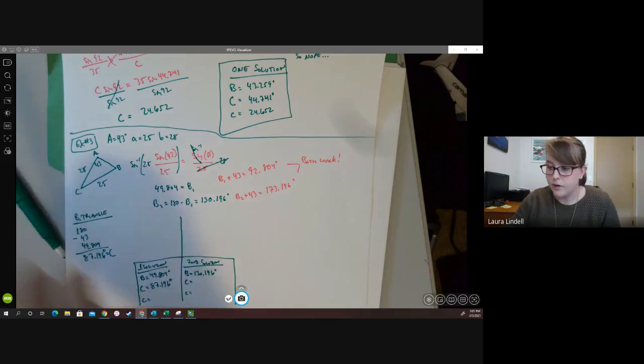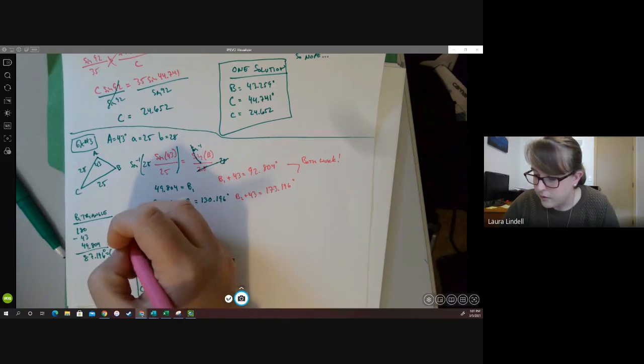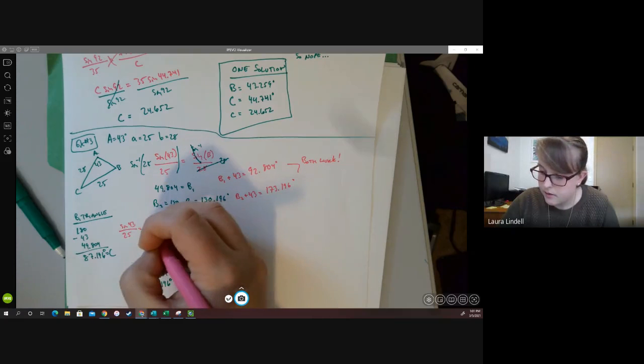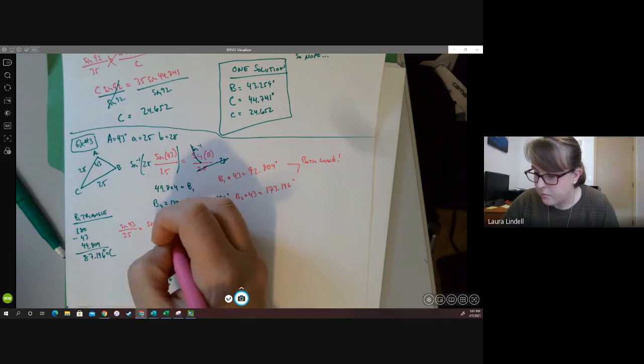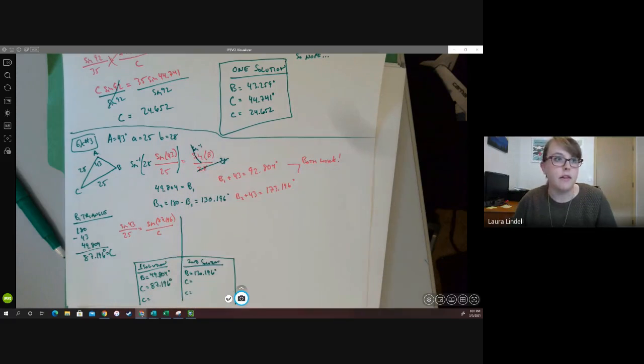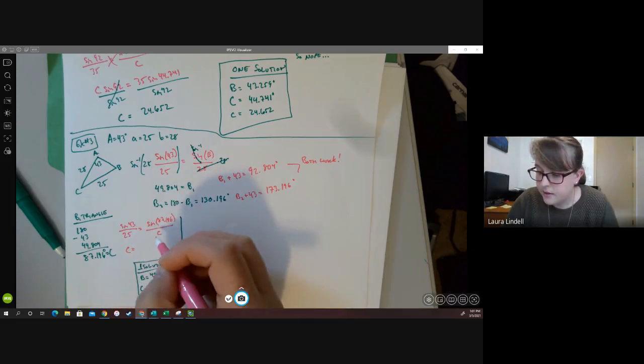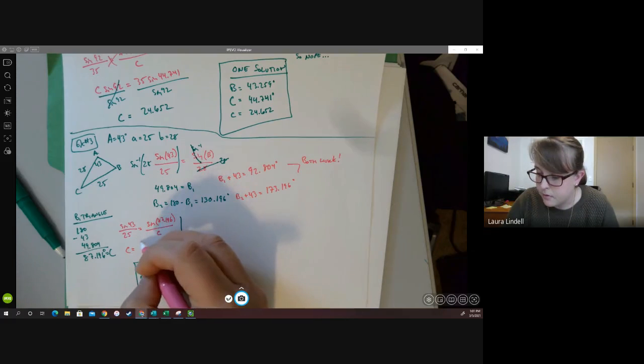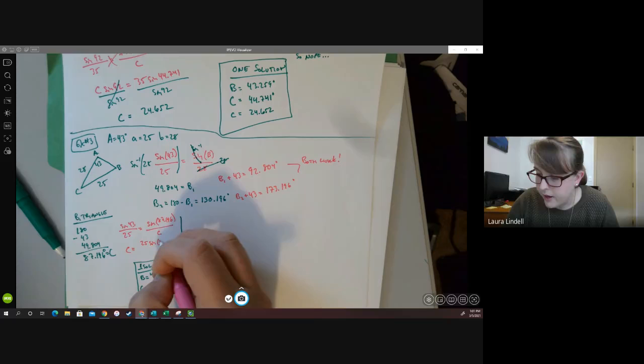Then we want to do our law of sines. So we'd go sine of 43 over 25 equals sine of 87.196 over side length C. And so then by cross multiplying and dividing, we get that C is going to be 25 sine of 87.196 divided by sine of 43.